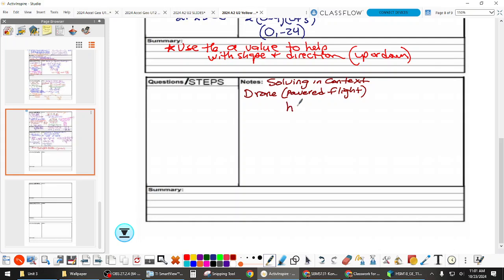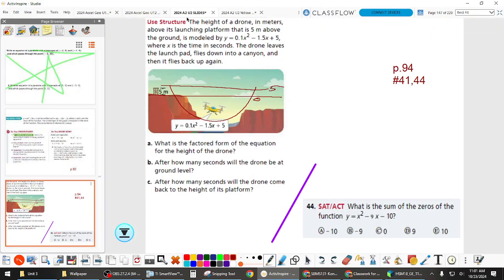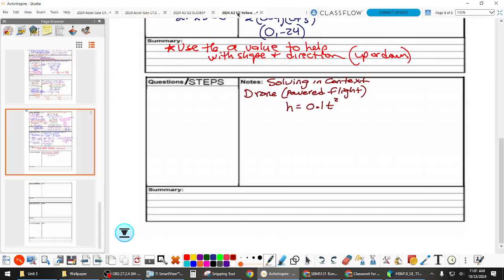I'm going to change the variables just a bit so that they make more sense in context. So 0.1 t squared, and let's go check that, minus 1.5 t plus 5. Okay.